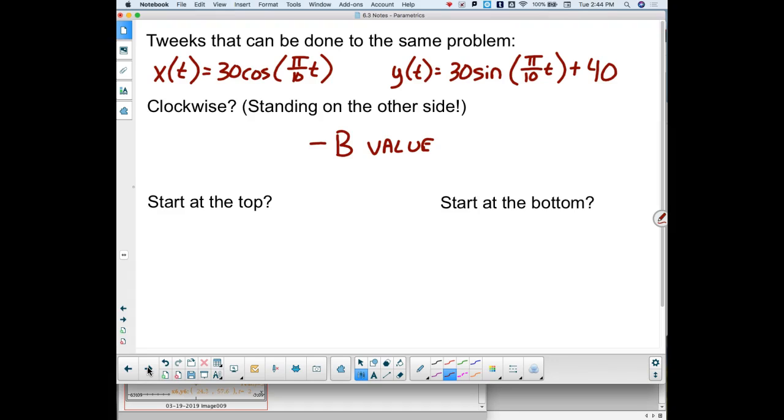Nope. 40 is my vertical. That changes my vertical part. That's my period. So inside the set of parentheses, so in that part, it would be b times t plus pi over 2.